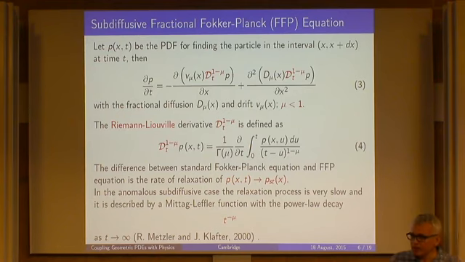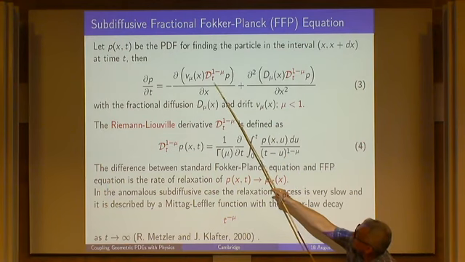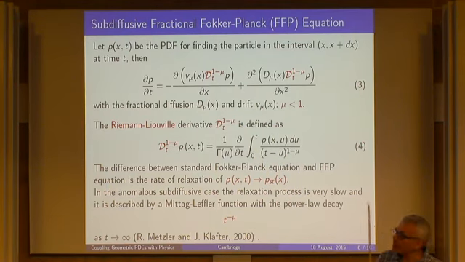Now, if you are familiar with the standard Fokker-Planck equation, if, let's say, a particle or cell moves in some external field, or chemotaxis field, or external force field, then this equation without the Riemann-Liouville derivative explains the rate at which an arbitrary distribution converges to the stationary state. The stationary state can be like the Boltzmann distribution in physics, or some pattern or aggregation if a biological problem is concerned.